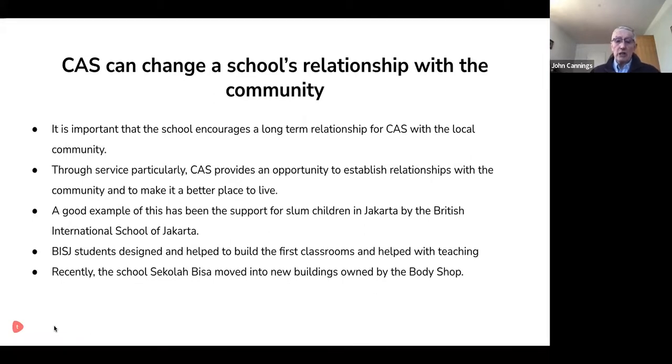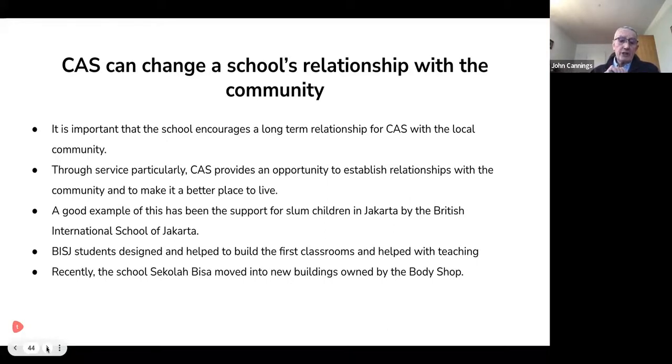Their students designed and also helped to build the very first classrooms in design tech, and later on to support the teaching program. Now, most recently, the school, Sekolah Bisa, has moved into new buildings, which The Body Shop provided the site and facilities for.